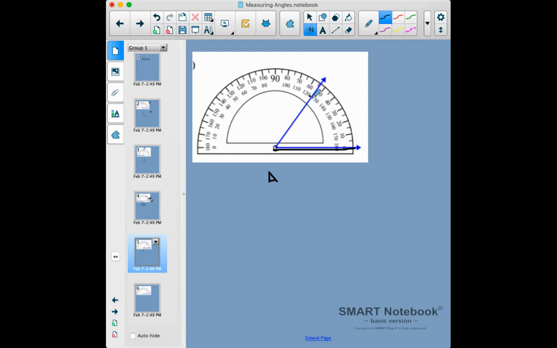I'm not going to look at the inside because that is too large. Those are for obtuse angles. So I'm looking at the outside. I have 5, 10, 15, 20, 25, 30, 35, 40, 45, 50, 55. This angle is 55 degrees. So that is how you use a protractor to measure angles.